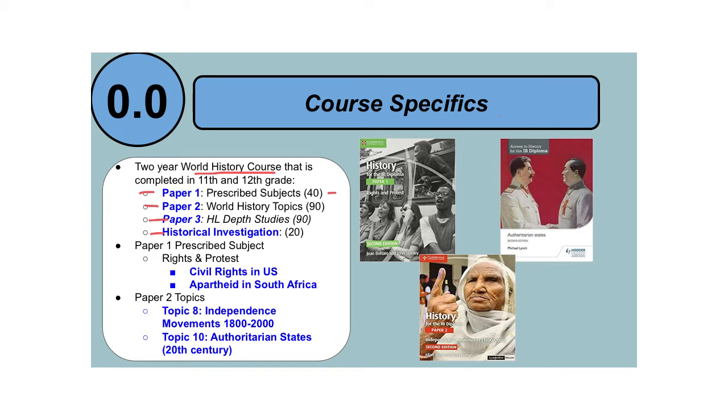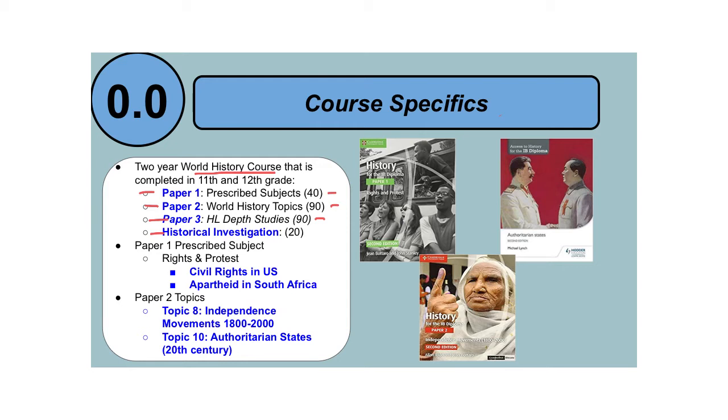Paper 2 are 12 world history subjects, of which we have to choose 2, and that requires 90 hours of instruction. Then if you take the course at the HL level, and only at the HL level, you'll be required to complete Paper 3, where you will receive an additional 90 hours of instruction on a historical topic at a deeper level.